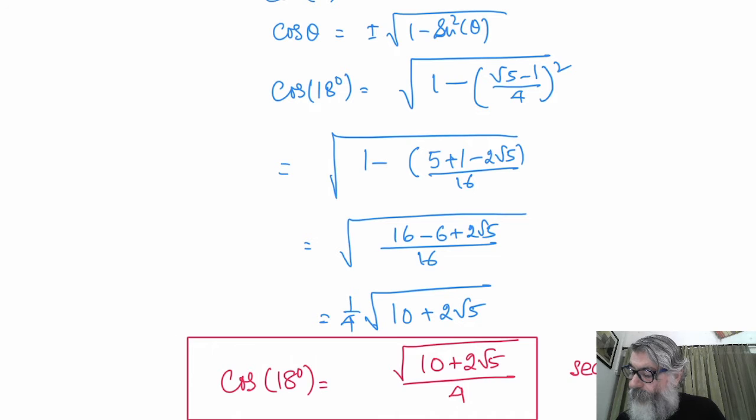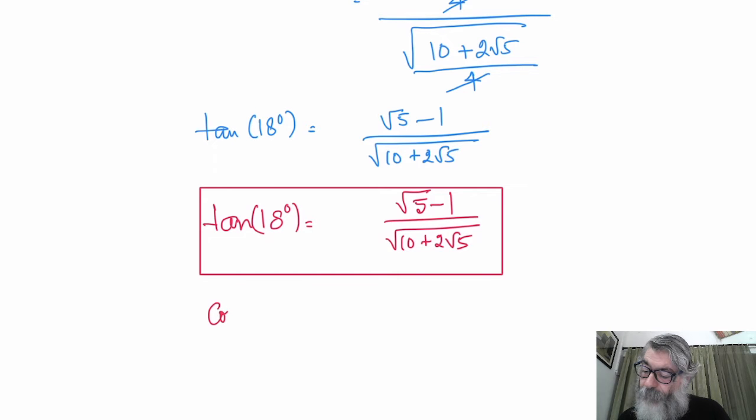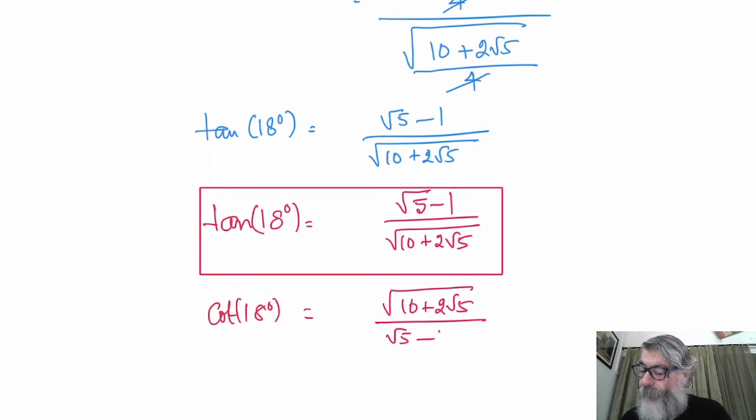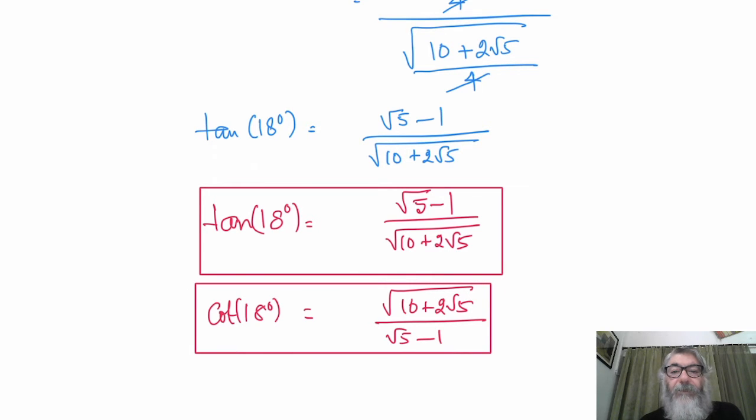Sec 18 degree can be 4 upon under root 10 plus 2 root 5. Similarly, I have here tan, so I can write cot 18 degree as under root 10 plus 2 root 5 upon root 5 minus 1. So we got all the 6 ratios. Once you get the 3 ratios, obviously you can get the remaining 3 ratios by just finding the reciprocal.